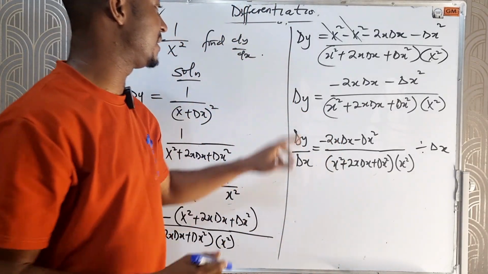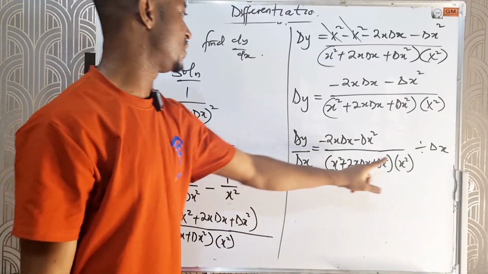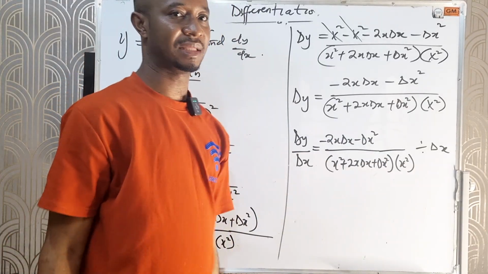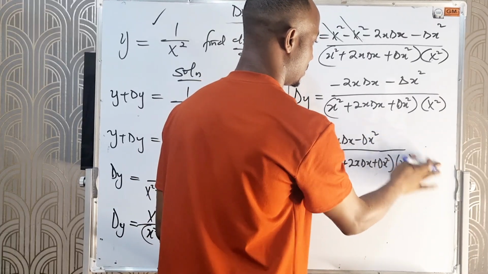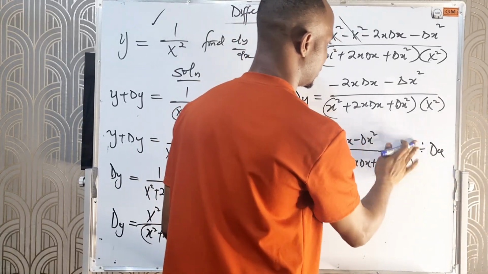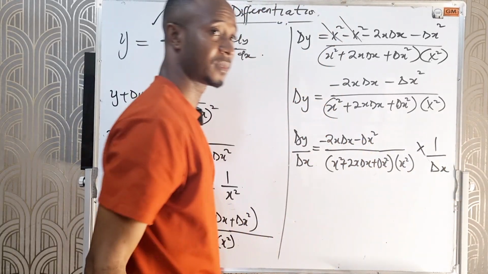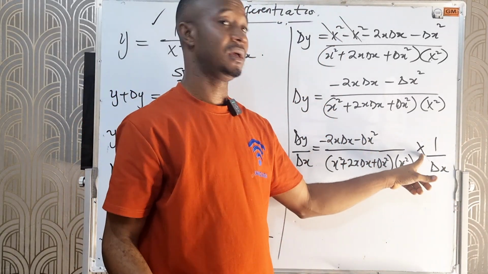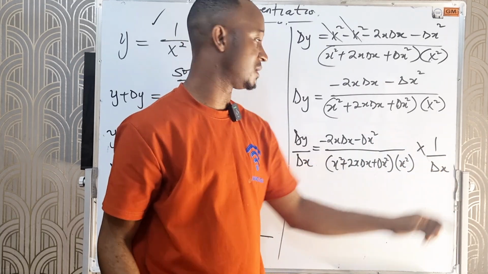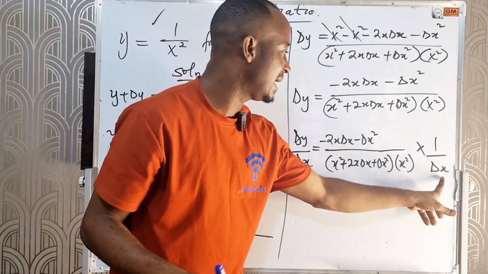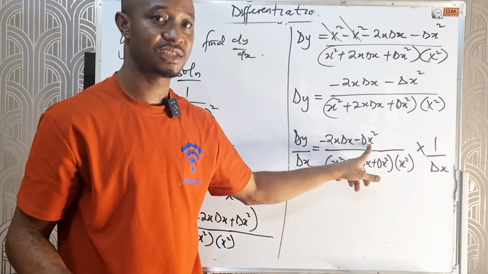What we did there is to divide both sides by delta x. If I have divided by delta x, this is also the same as times 1 over delta x. If we have a division sign here, and I remove it and put multiplication, it means I will inverse that function, right? So from here, we cancel delta x from here. Delta x, we also cancel one delta x from here.